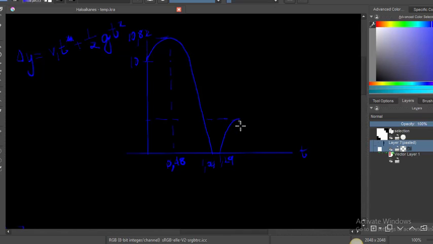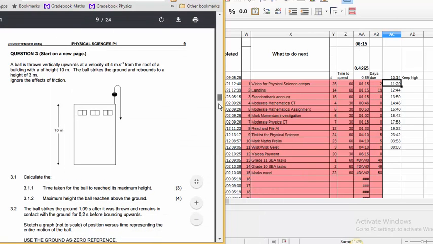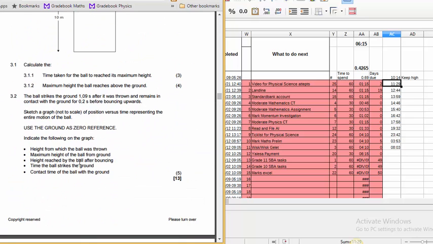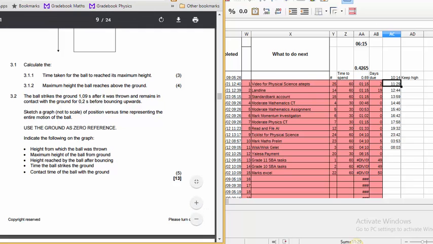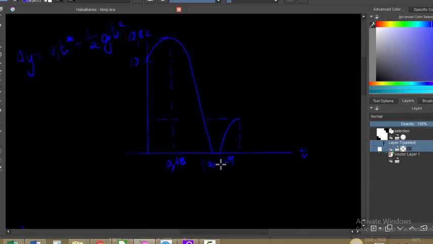Okay, excellent. And do we need to show the time it takes for its second bounce? Okay, the time the ball strikes the ground, the contact time of the ball with them, and the height reached. No, it's not necessary. But if we needed to, we could have calculated the time from 0 to 3 meters using the exact same method as we did before.